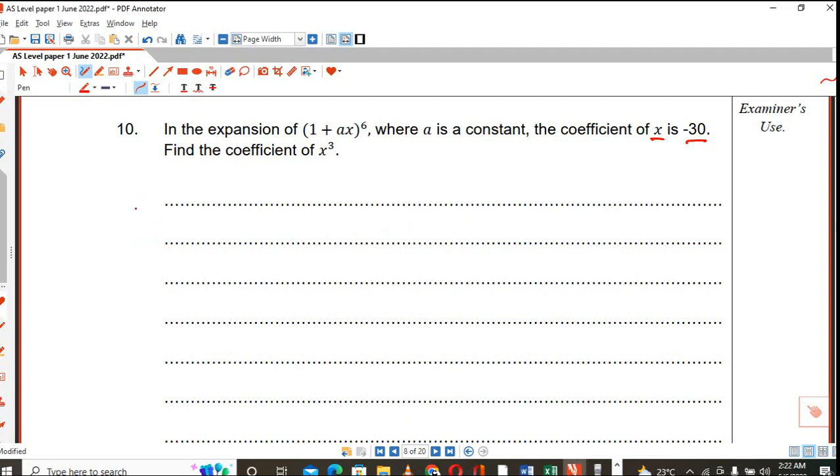Now, maybe before we find the coefficient of x cubed, it's quite important that I explain it this way. I know it's a bit long, but this ultimately means 6 choose 0, then you have 1 raised to the power of 6, and then you have ax raised to the power of 0.